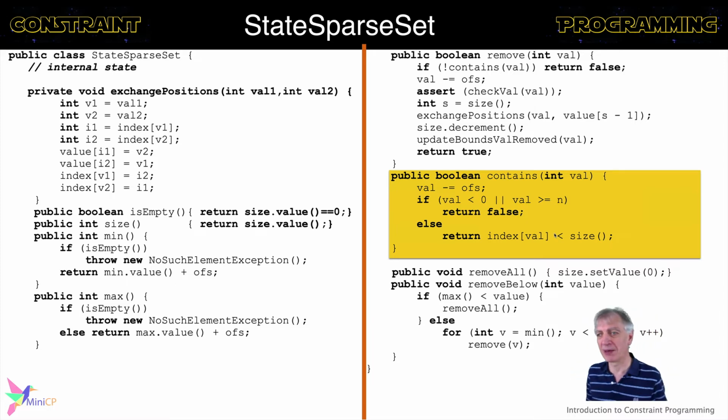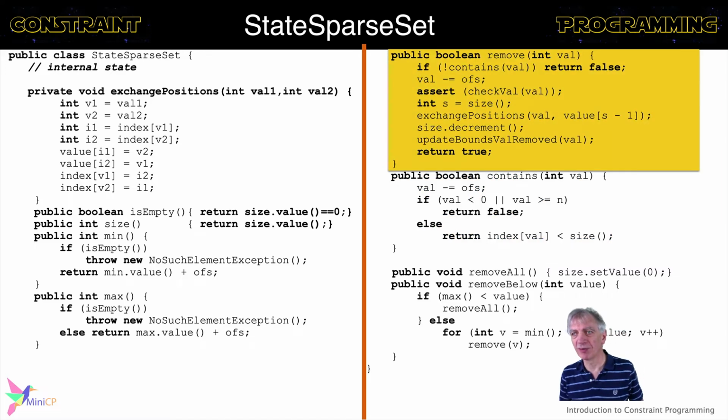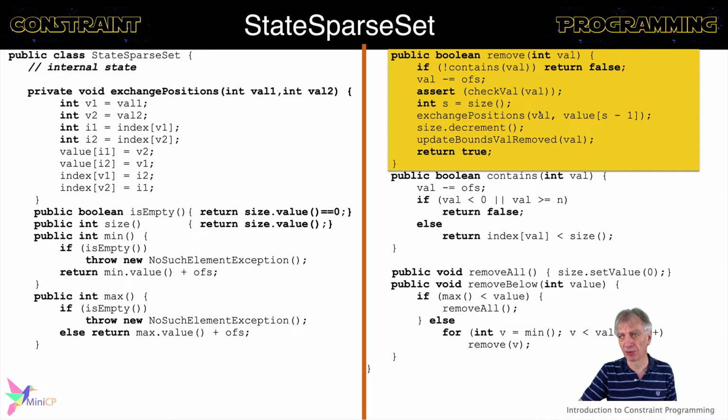Okay, pretty cool, right? Now, removing a value is also interesting. The first thing that you do is you test if the value is inside the domain. If it's not inside the domain, you don't have to remove it. Otherwise, you remove the offset, obviously. You take the size of the set again. You exchange the position of that particular value and the last value in the array. So that's why you collect the size here. Then you decrement the size. So the size, boom, you remove the last value, which is the value that you just swapped.